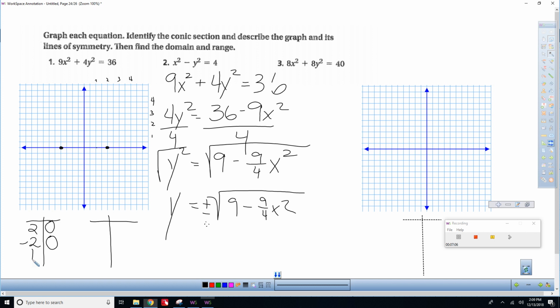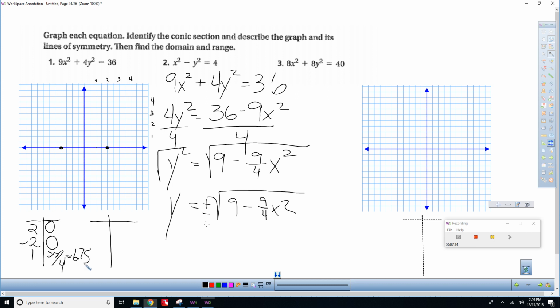All right, well, 1 squared is 1. 9 minus 9/4 is like, let's see, what is 36/4 minus 9/4? 27/4. And 27/4 is 6.75.